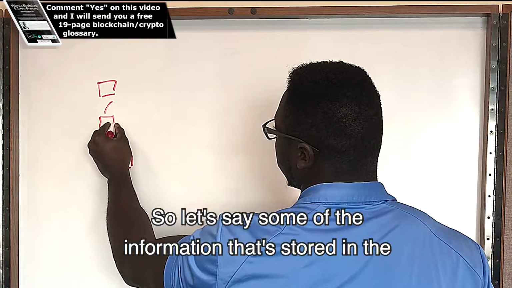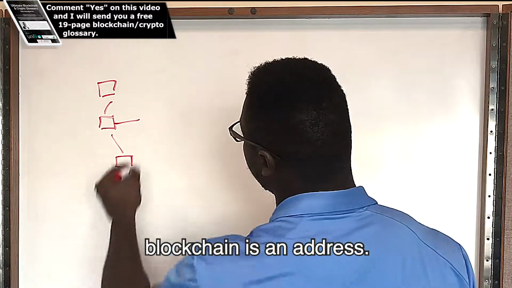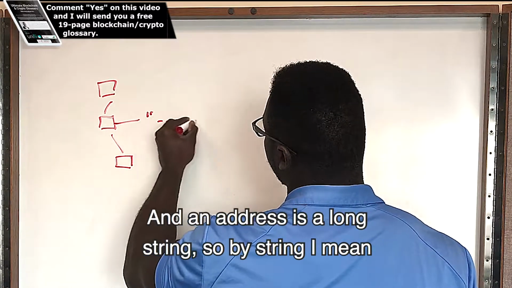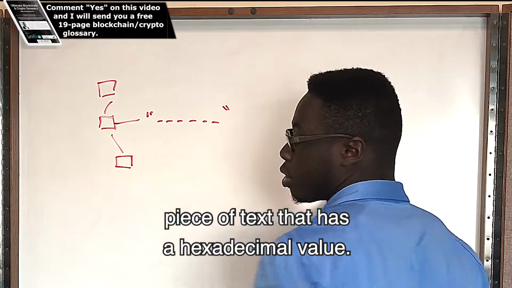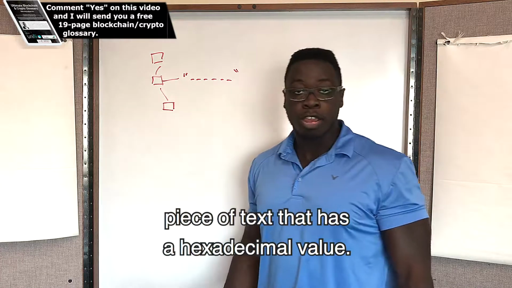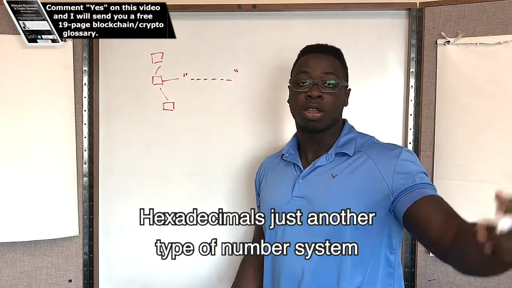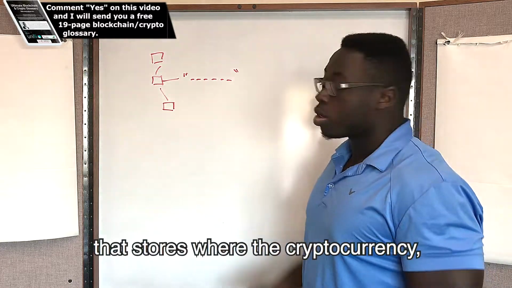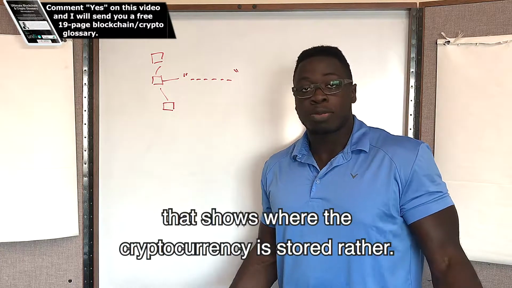So let's say some of the information that's stored in the blockchain is an address. And an address is a long string, so by string I mean piece of text, that has a hexadecimal value. Hexadecimal is just another type of number system that shows where the cryptocurrency is stored.